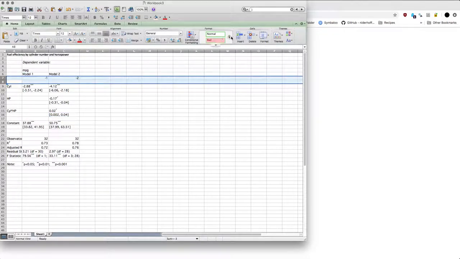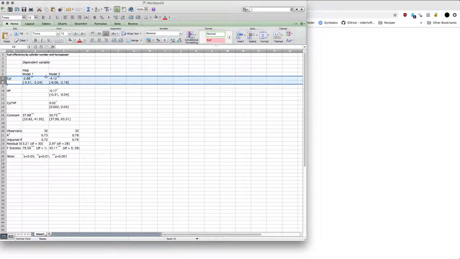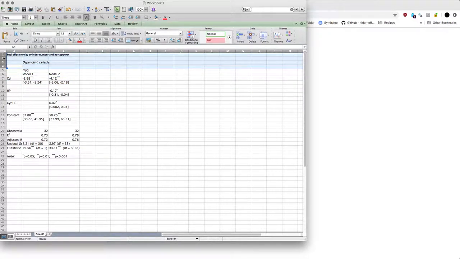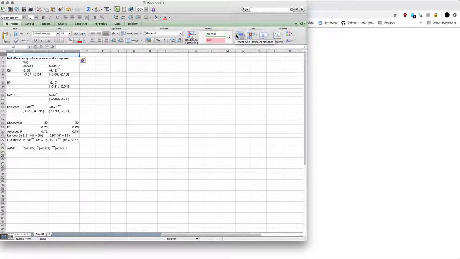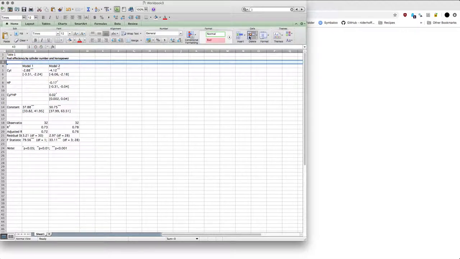You've got some extra rows that you can delete. Delete that, and then we'll come up here and insert, table 1. We don't need that.